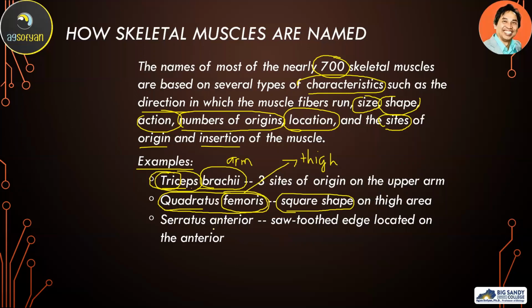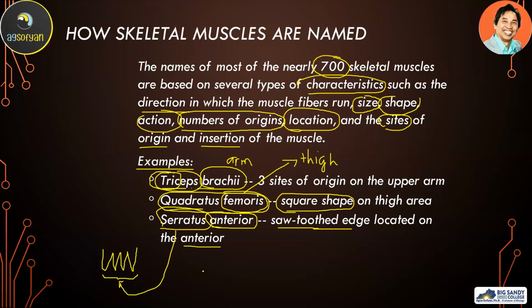Look at another name here. This muscle is located on the anterior side of our body, so the name is telling you it is on the anterior side. And this is serratus. Serratus means a muscle that looks like teeth, with a teeth-like appearance. So the serratus anterior is a saw-toothed edge muscle located in the anterior part of our body, in the front of our body, under our chest area.